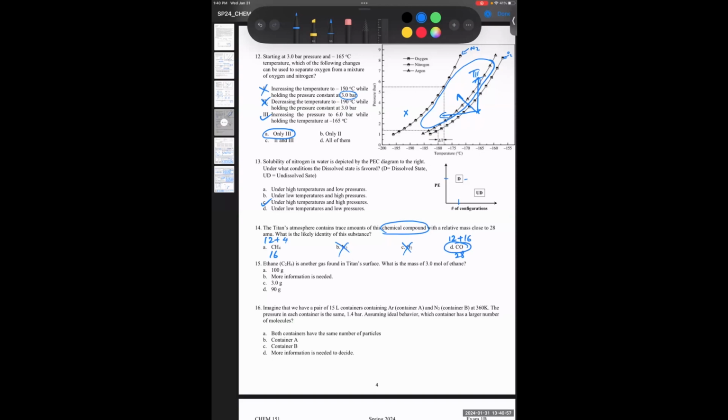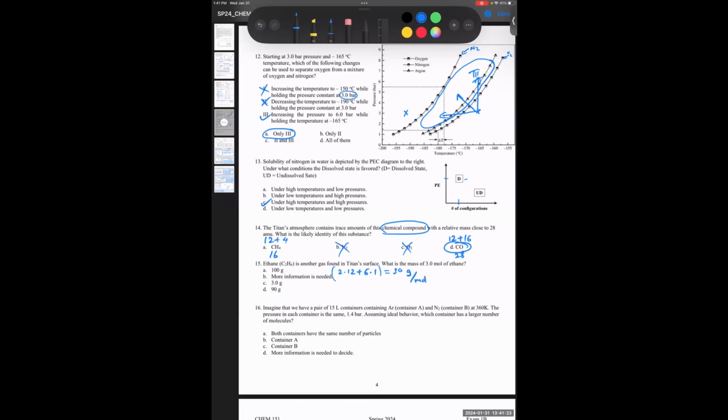Okay, question 15. Ethane is another gas found on Titan's surface. What is the mass of 3 moles of ethane? So relative mass of C2H6 is 2 times 12 plus 6 times 1, which is 30. Okay, and if this is the relative mass, if you take the gram amount of that, that will be the mass of 1 mole.